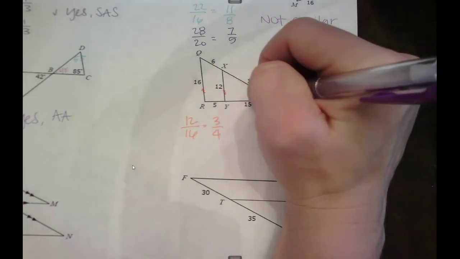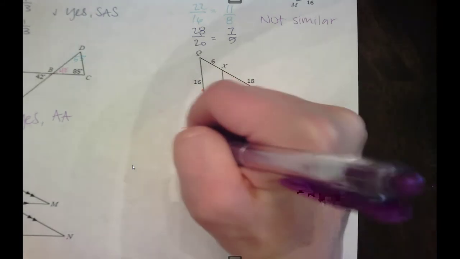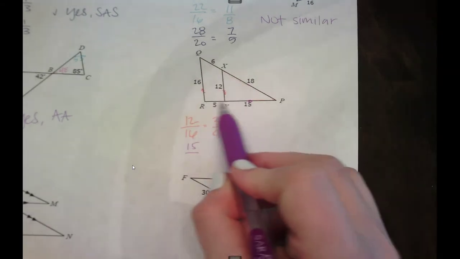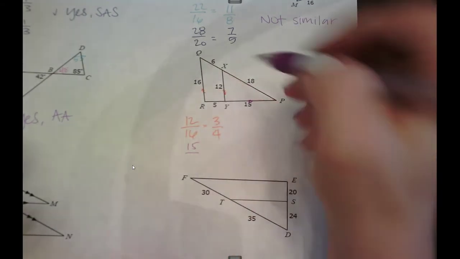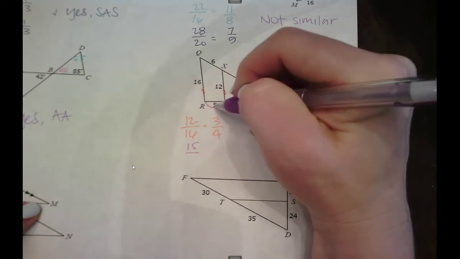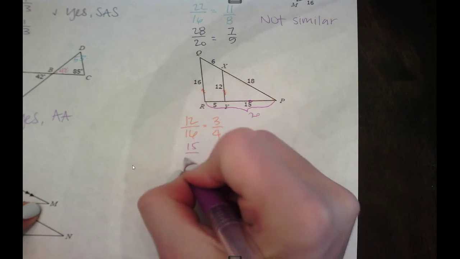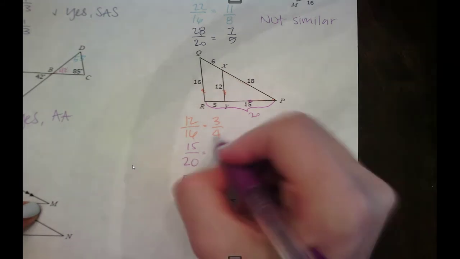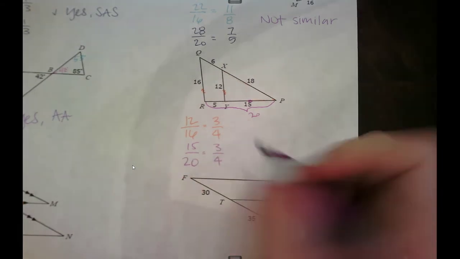Now this 15 relates to this whole side. And that whole side is the 15 plus 5. So that's 20. And that also reduces to 3/4.